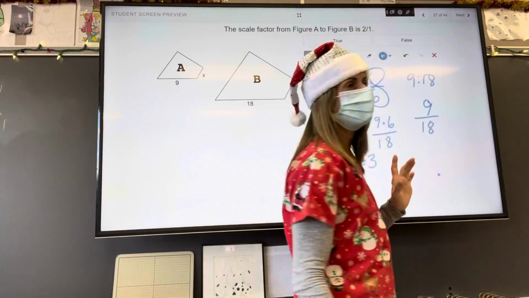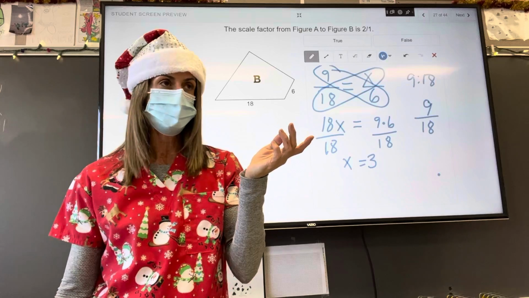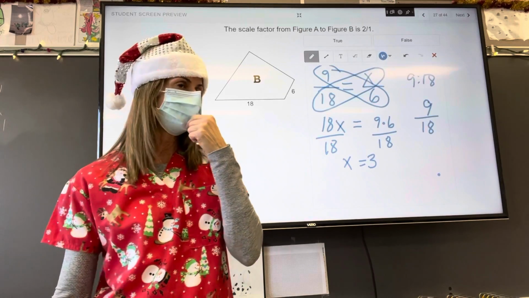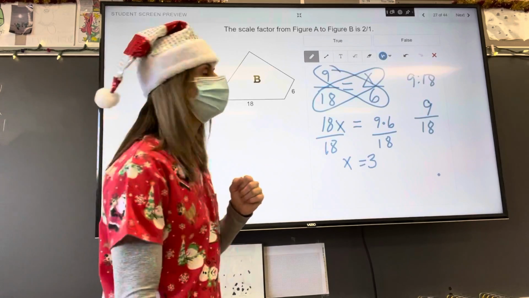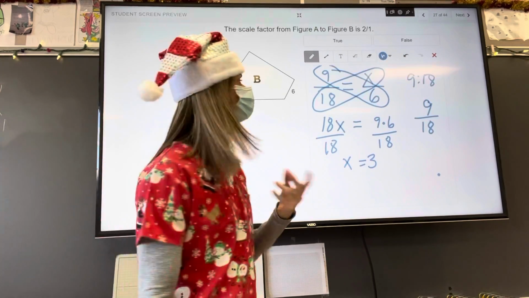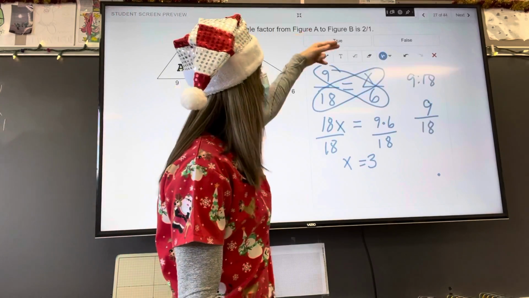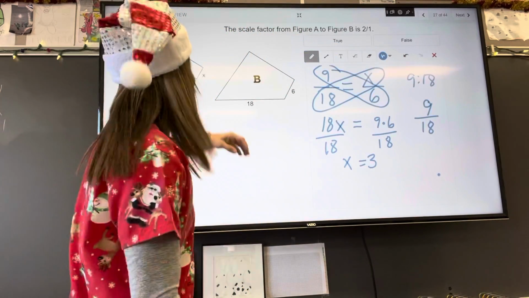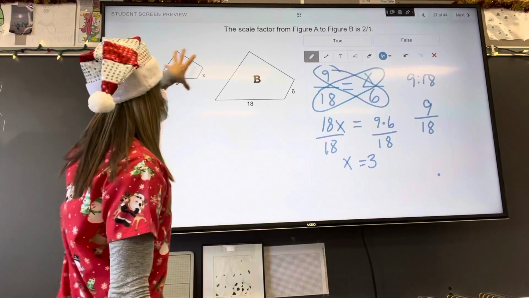When I simplify that, and you can put that in Desmos if you want, but you can probably simplify it in your head, what do you get? 1 over 2. Okay, 1 to 2. It's a ratio. The statement at the top says the scale factor from figure A to figure B is 2 to 1.